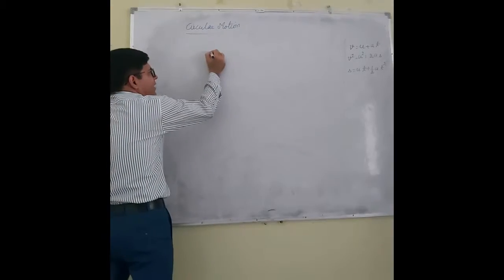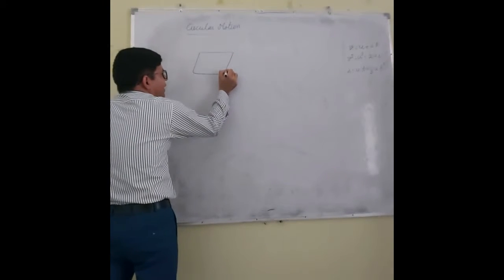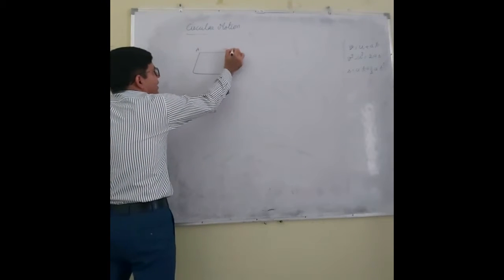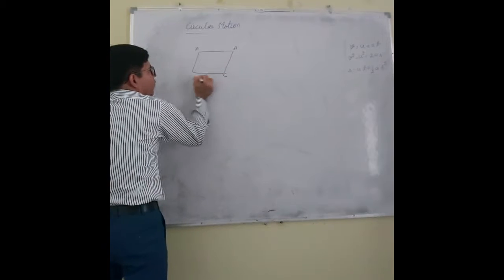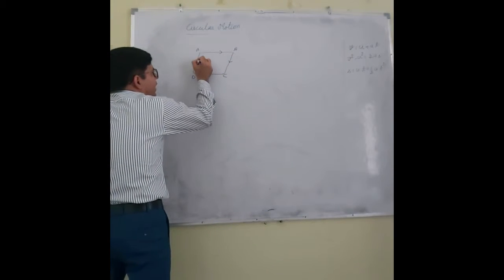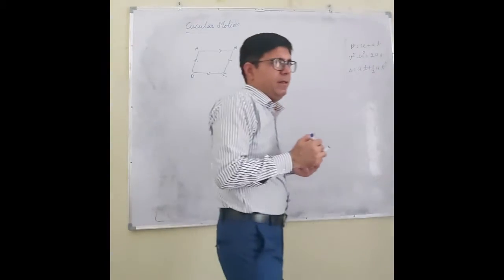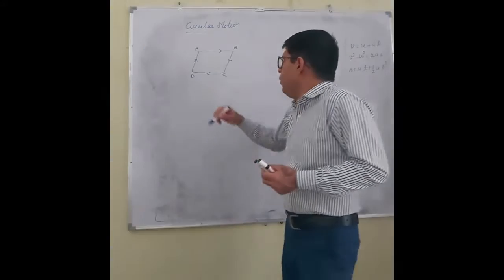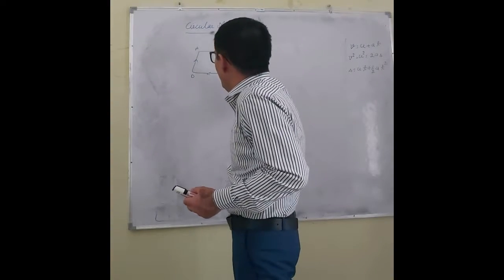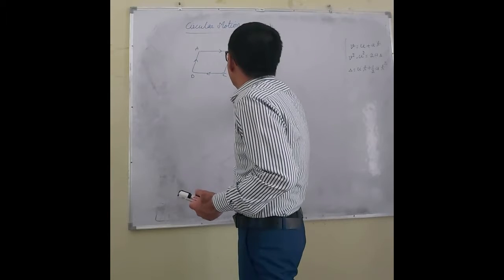Let us say we are having a rectangle and a body is moving from A to B, B to C, C to D and D to A with the same speed. I am saying that the body is completing one round keeping the same speed.